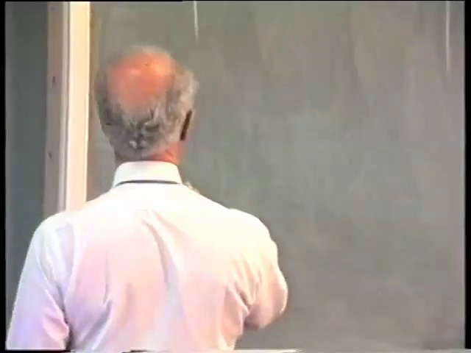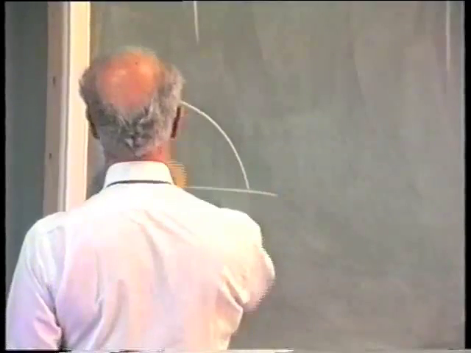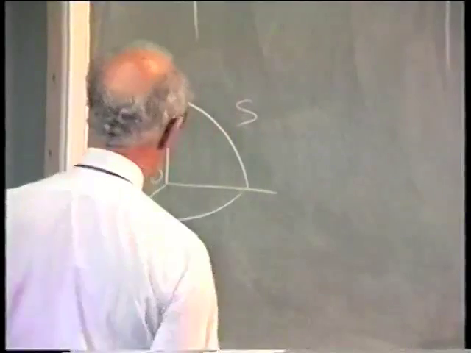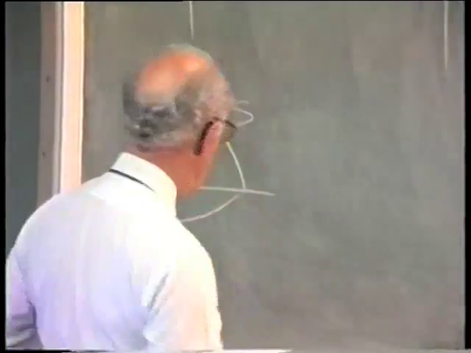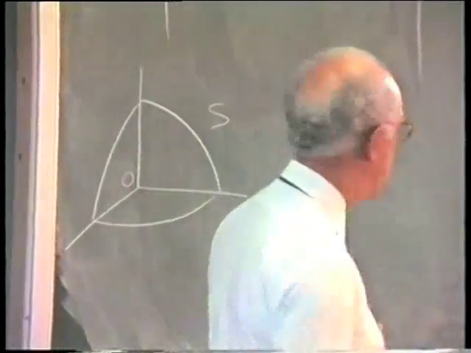And first, let me draw again the unit sphere. So this is S in R^L, and we want to eliminate the boundary and a part of S which is very close to the boundary.